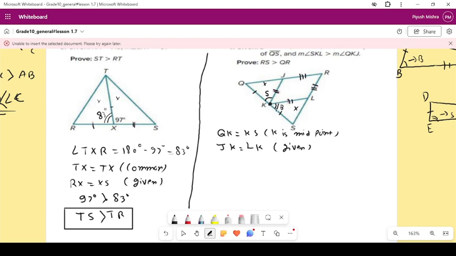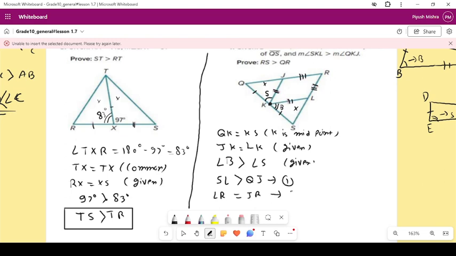And the third thing is given, angle B is greater than angle S. It is also given. If angle B is big, it means the side SL will be bigger than side QJ. So I am considering this as equation 1. Then it is given that LR is already equal to JR.